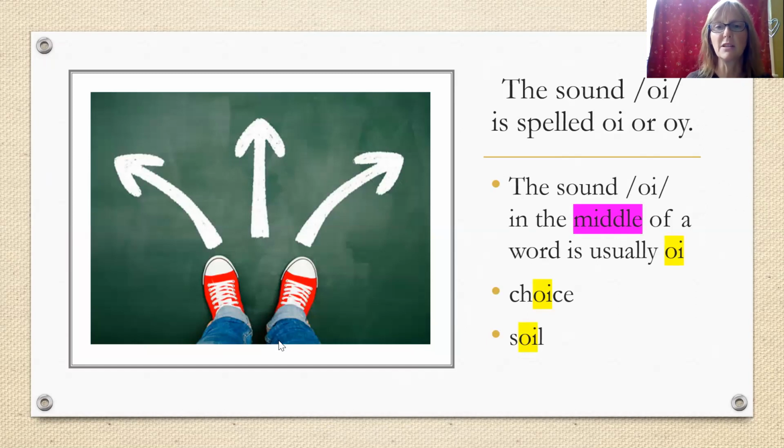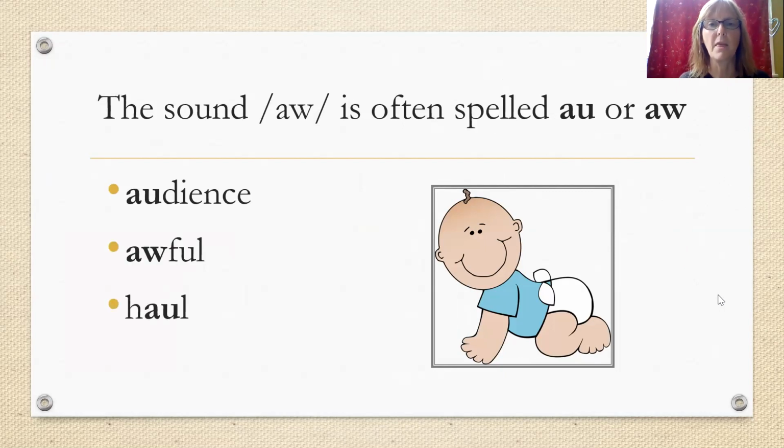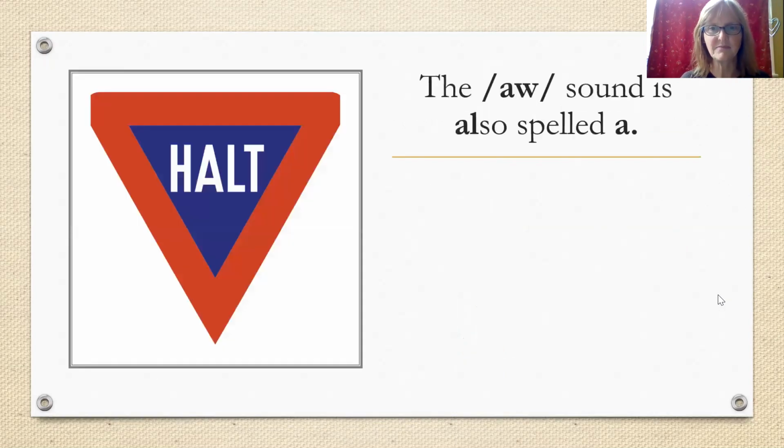sort of like we learned before with the AU and AW. Here it is. The sound ah is often spelled AU or AW, as in audience, awful, haul, or crawl, like this baby's doing. The ah sound is also spelled just with an A, like in this word halt.